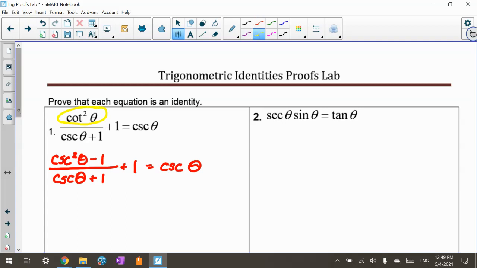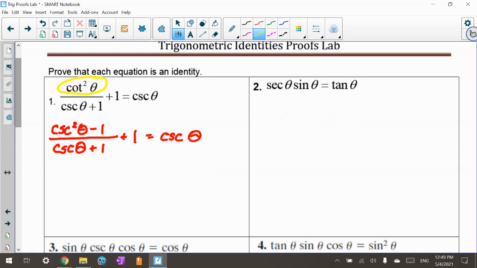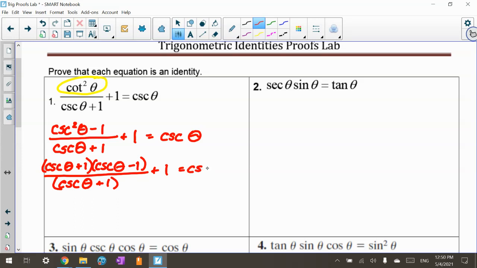Now I look at it, and this is the next thing I look at. We're looking at algebra, and I see that this is a perfect square and this is a perfect square. This is a difference of two perfect squares, so I'm going to factor that into cosecant theta plus 1 times cosecant theta minus 1, all over cosecant theta plus 1. And I have the plus 1 equals cosecant theta.